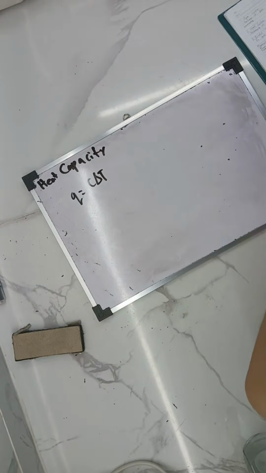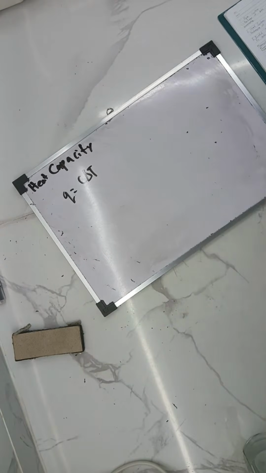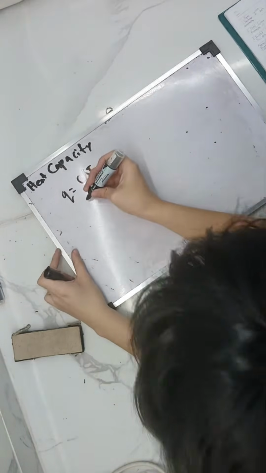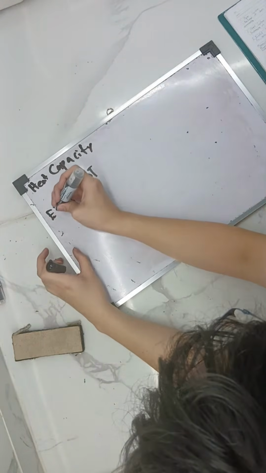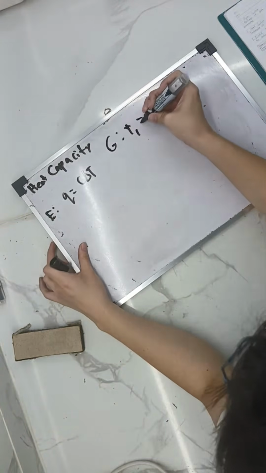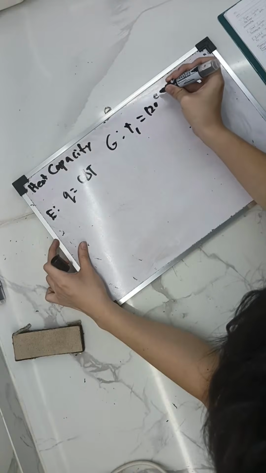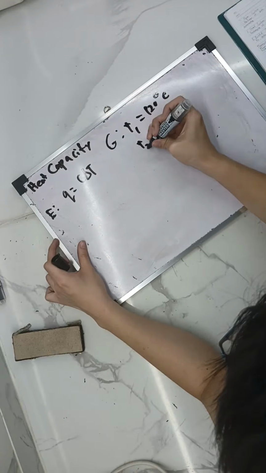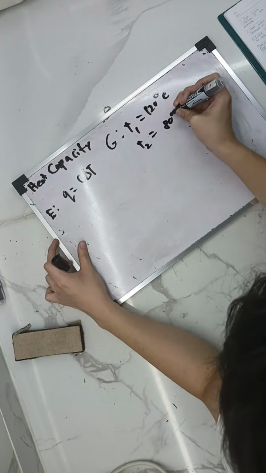So, since this is actually much easier to do, I'll just do a given. So the given, I'll just put this as the equation. The given is T sub 1 is equal to 120 degrees Celsius. T sub 2 is equal to 80 degrees Celsius.